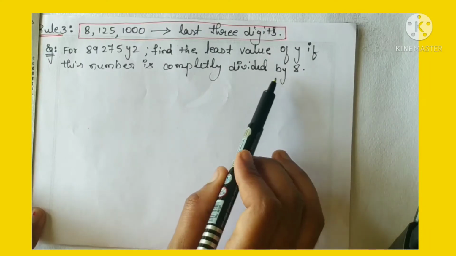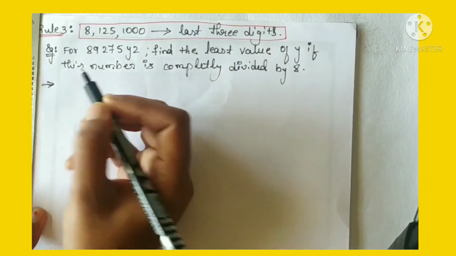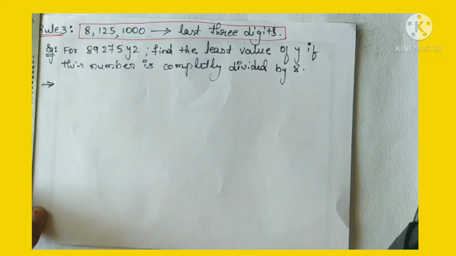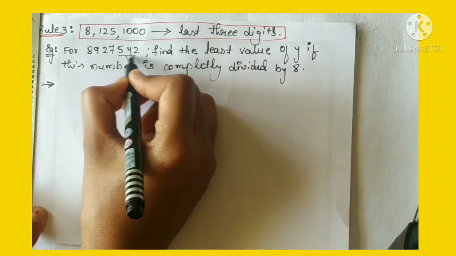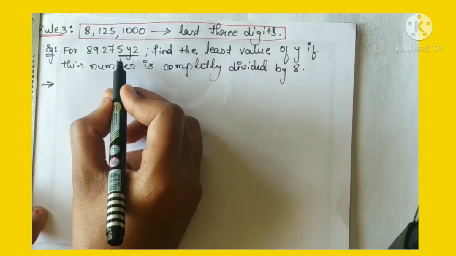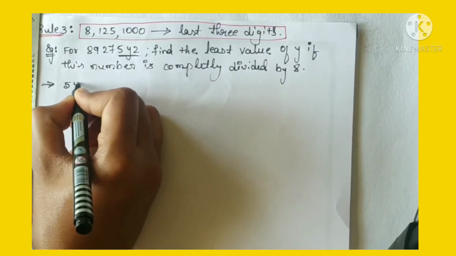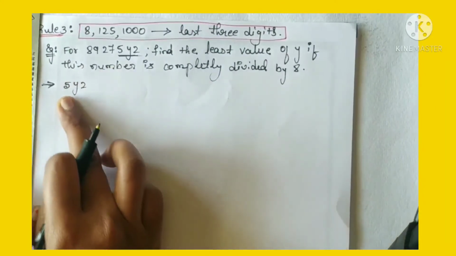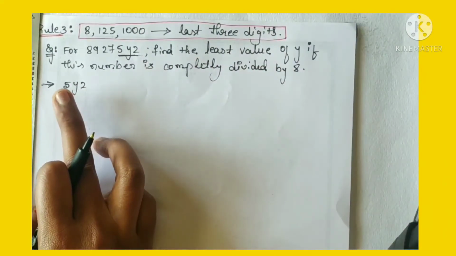Okay. I already said that if the number is completely divisible by 8, its last 3 digits must be divisible by 8. So here I just consider the last 3 digits. Here the last 3 digits of the given number are 5y2.